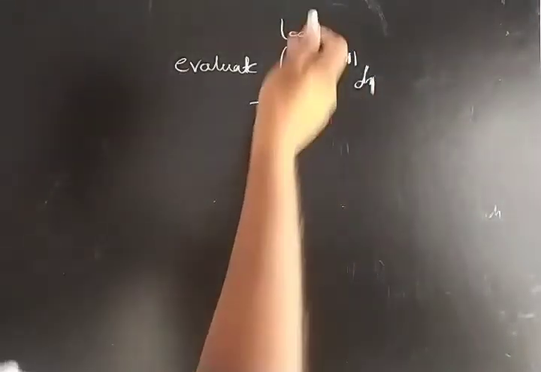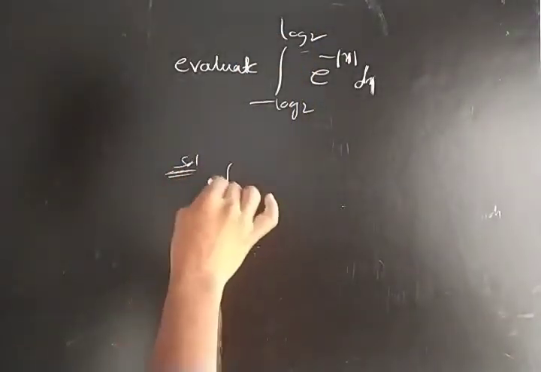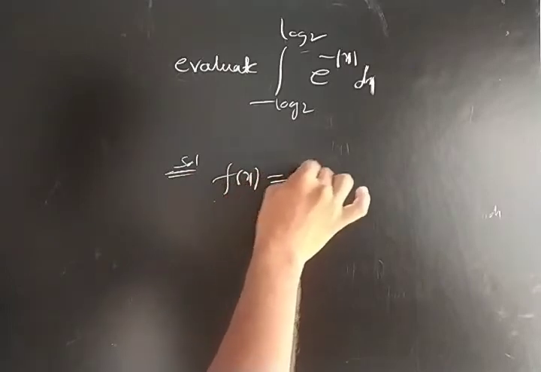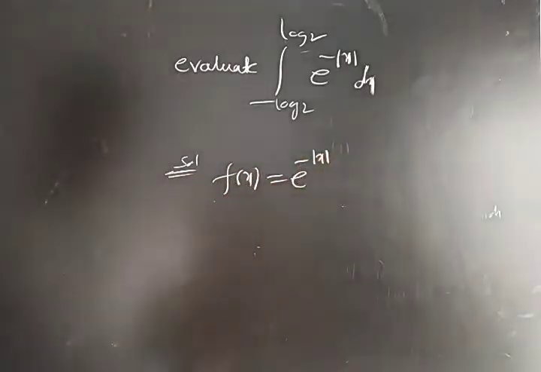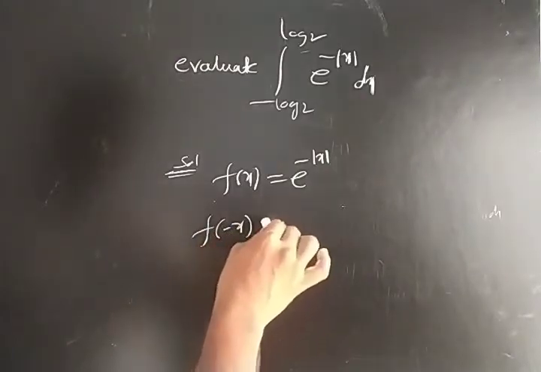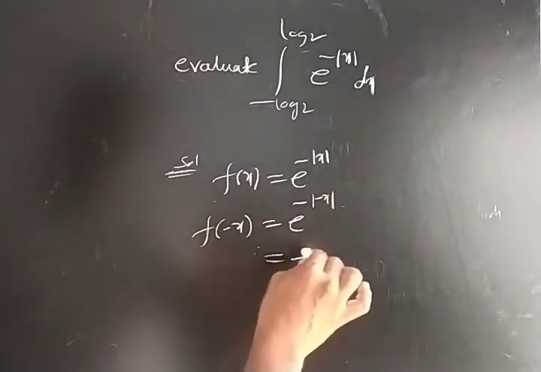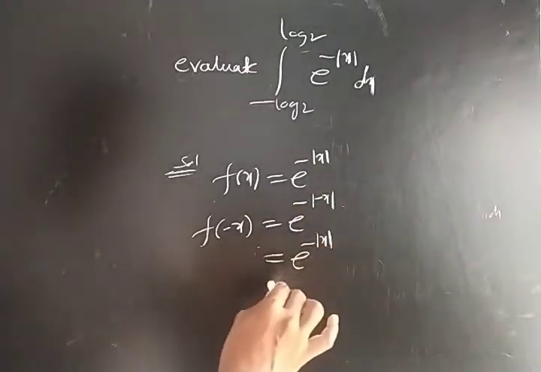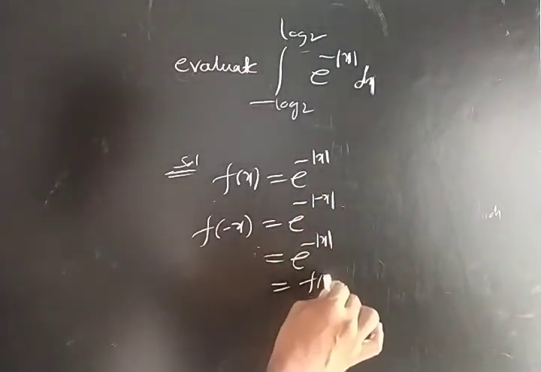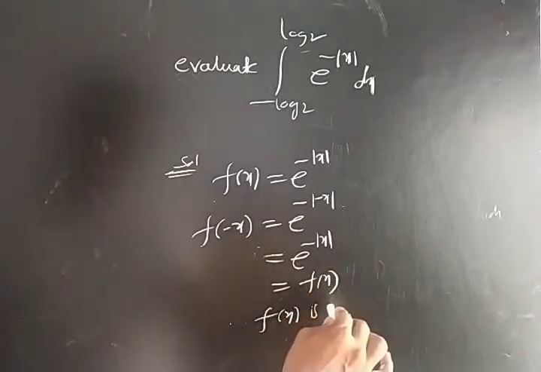Solution: here f of x is e power minus mod x. I am going to check whether this function is even or not. In place of x I am substituting minus x, e power minus of minus x, again e power minus mod x. So this is again f of x, so we can conclude that f of x is an even function.